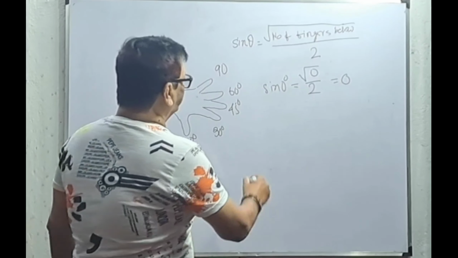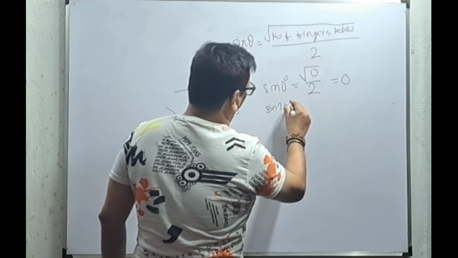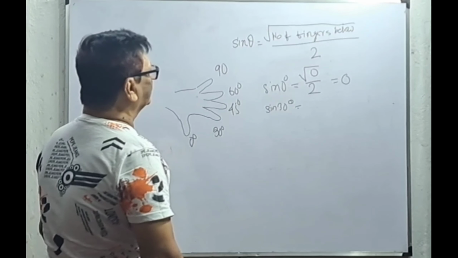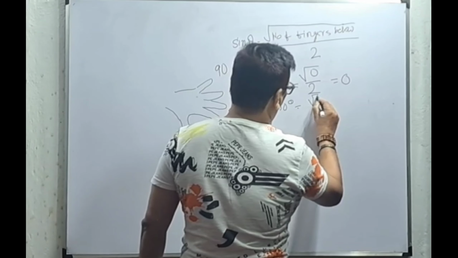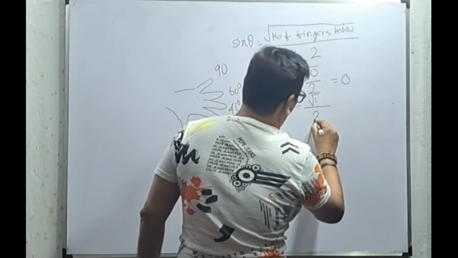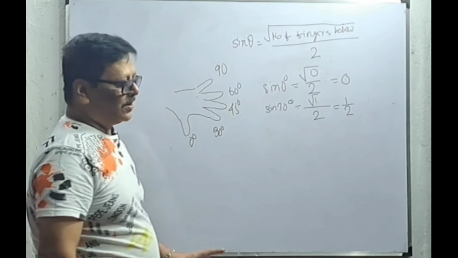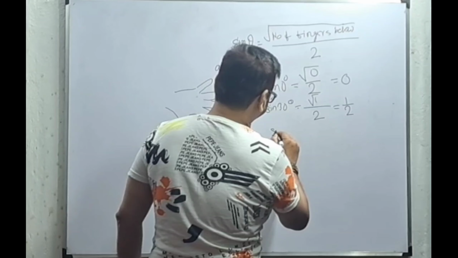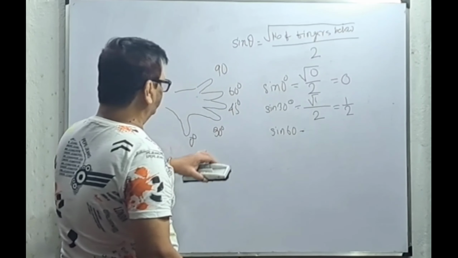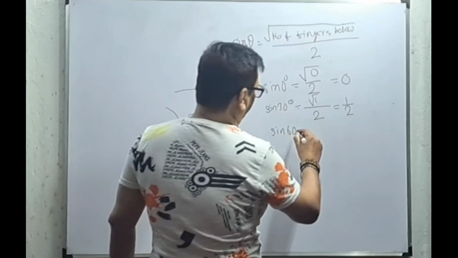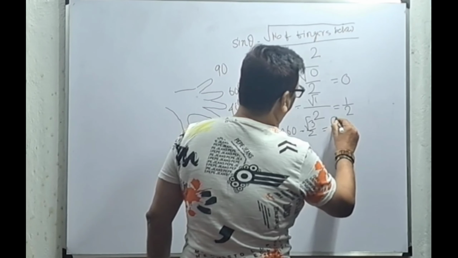Now sine 30: the number of fingers below is 1. Root over 1 divided by 2, so 1 by 2. Now sine 60: the number of fingers below is 1, 2, 3. So root over 3 divided by 2, so root 3 by 2.